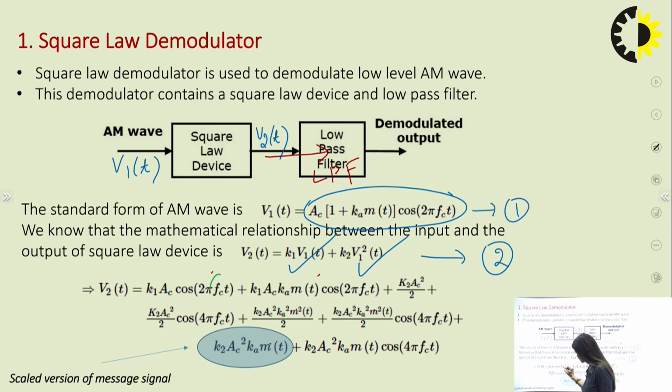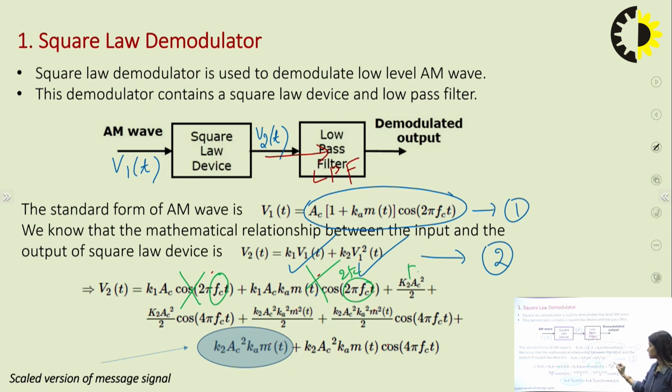This is centered around FC. FC is high. Low pass filter won't pass it. Coming to the next one, this frequency is 2FC. Low pass filter is only tuned to FM. It is not going to pass this also.